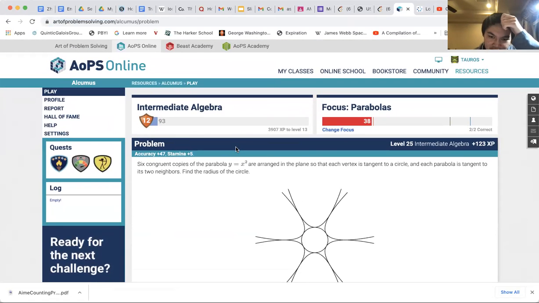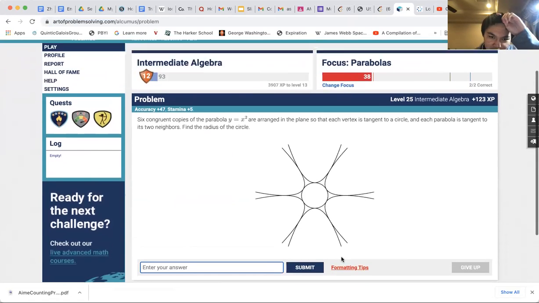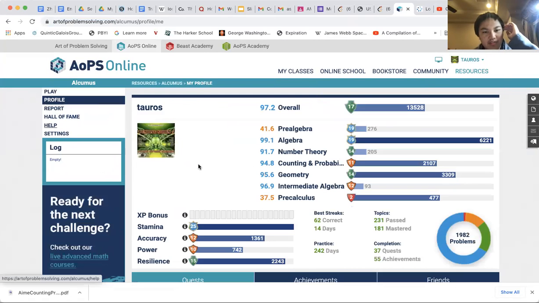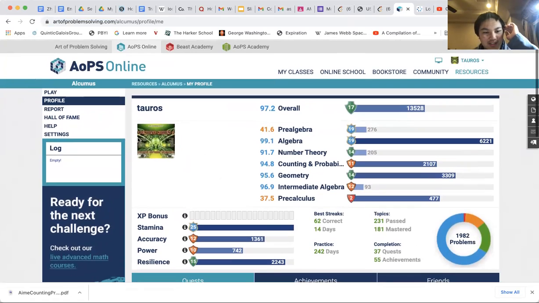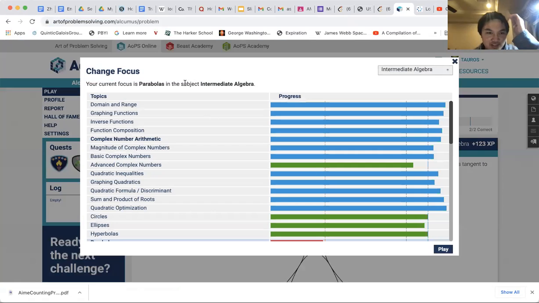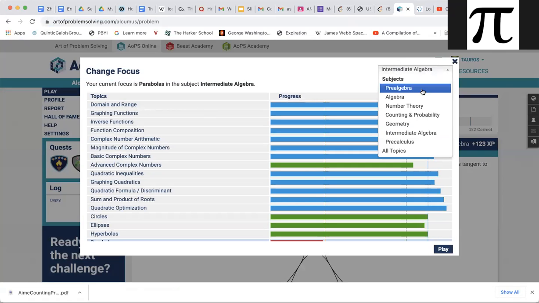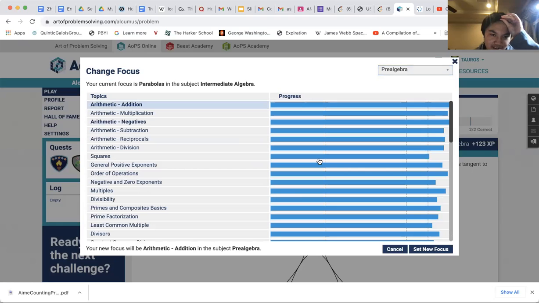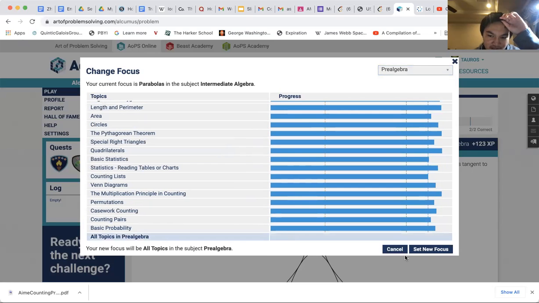Basically, what it does is it gives you problem after problem for you to solve. Shoot, I forgot how to change this. It's been so long since I've used this. All right, it was change focus here, and then you can click algebra or anything you want.